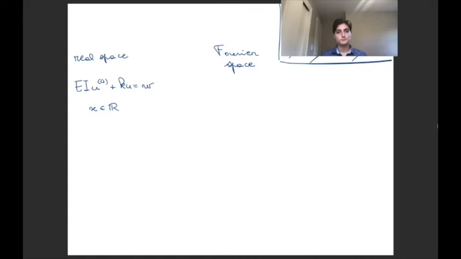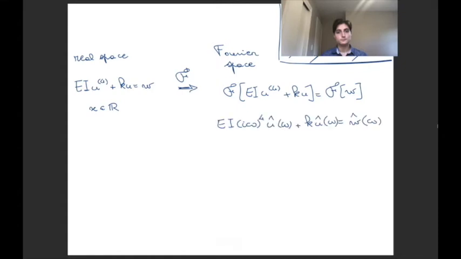So we go from the real space in which we have this ODE, and we apply the Fourier transform. That means that we can write the Fourier transform of the left-hand side equals the Fourier transform of the right-hand side. Then by linearity, we can break it up, and by the property of the derivative of the Fourier transform, we gain this term (i omega) to the fourth, times the Fourier transform of u.